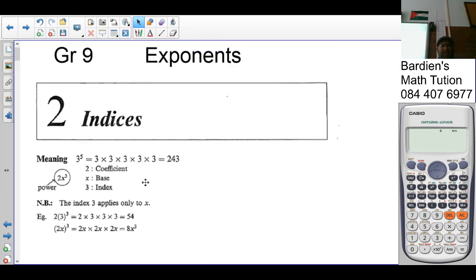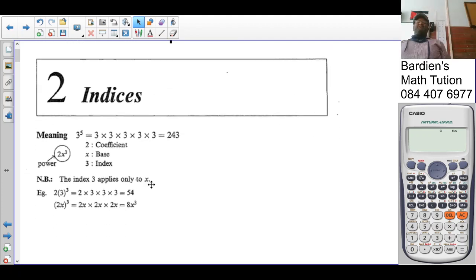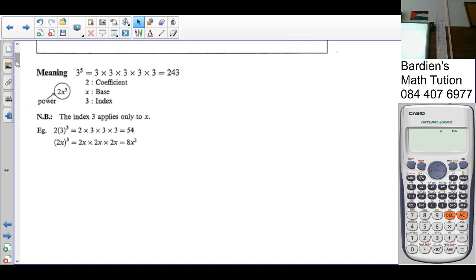Right, exponents. The first topic is rational numbers and number lines and things like that, but we will do that at a later stage. So exponents, indices: 5 to the exponent 3 is also 5 times 5 times 5.